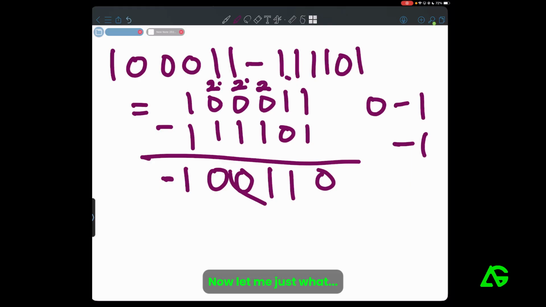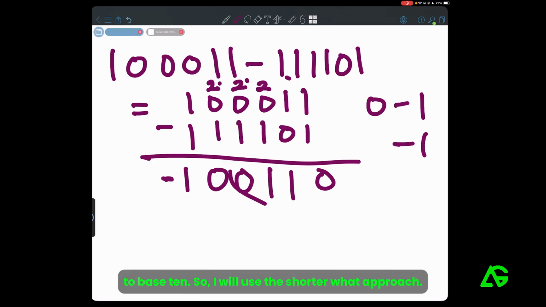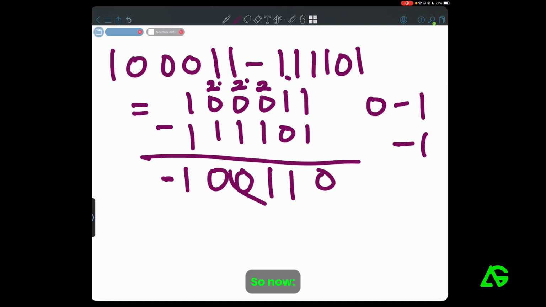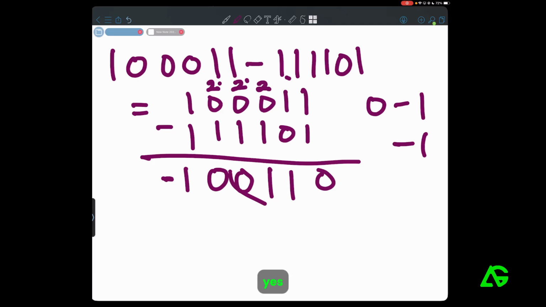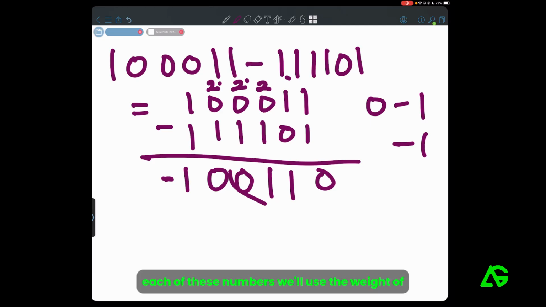Now let me just digress a little bit to converting to base 10. I will use the shorter approach. Let's say we want to convert each of these numbers to base 10. Each of these numbers will use its weight, because based on each digit, they have a place value.